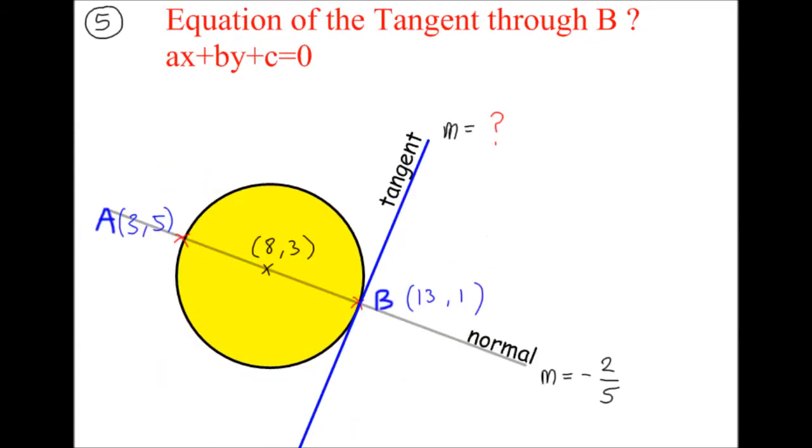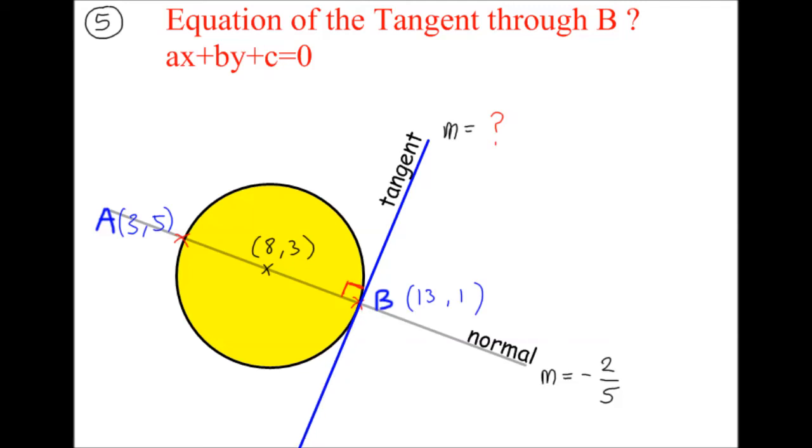Okay, moving on. A tangent is perpendicular to a normal. So if we want to work out the equation of the tangent, we need the coordinates of one point on this line, and we need the gradient of this line.